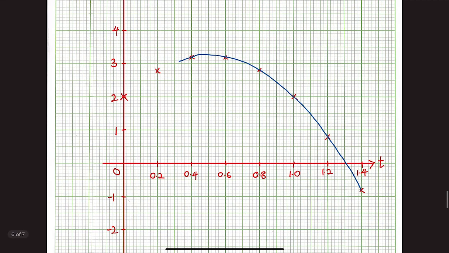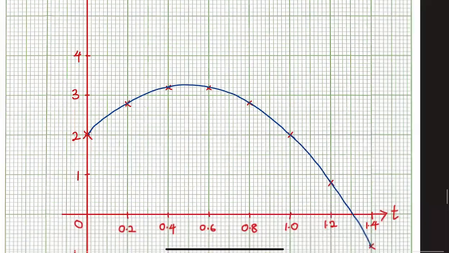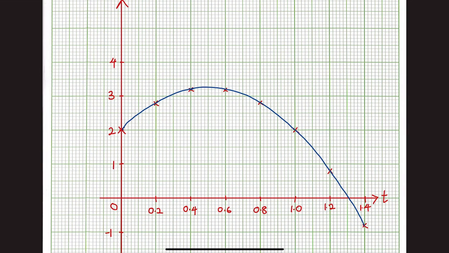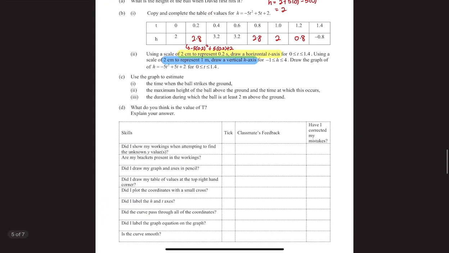I think it can be better. Okay, something like this. So once I've drawn this curve over here, we have now answered this question, draw the graph for part B.